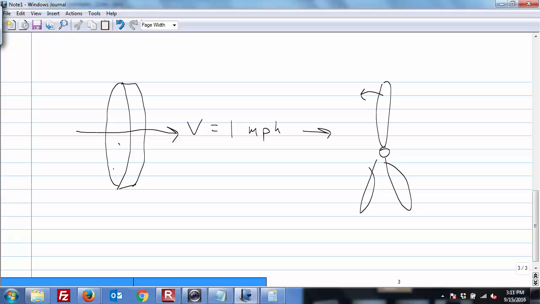Now, what's the proper formula to use for that? So energy equals 1/2 mv squared. It's just the definition of kinetic energy. I've given you the velocity. You've got to figure out the mass somehow. So what's the mass of the air? Well, we know that mass is equal to the volume times the density.